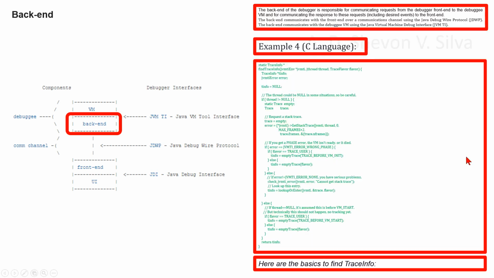As an example, we can consider this one, the basics to find trace info in C language. Inside the agent itself, there is a TraceInfo struct, and the pointers to these structs will serve as the value of the object tags.